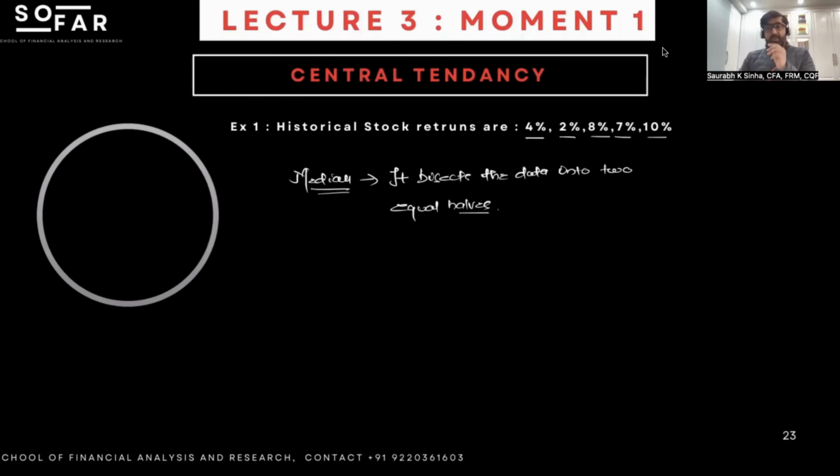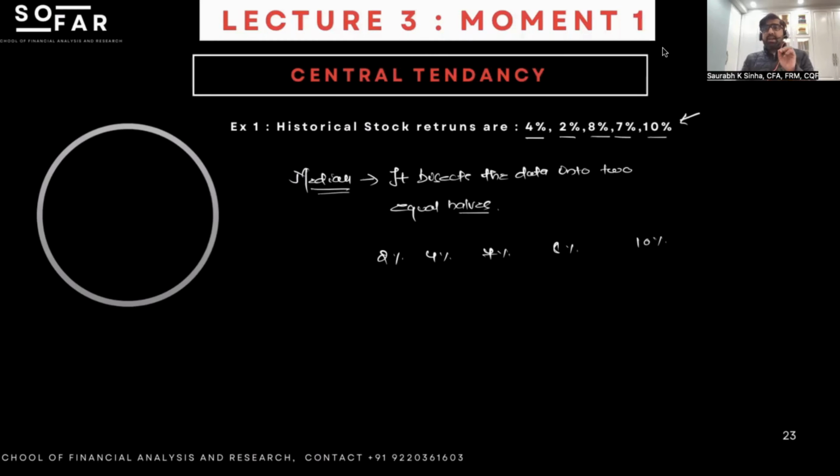But before that, you have to either arrange the data in ascending order or descending order. You cannot use the data as it is. So let's arrange this data in ascending or descending order. For this session, let's take ascending: 2%, 4%, 7%, 8%, 10%. You can also choose descending order. It is up to you.